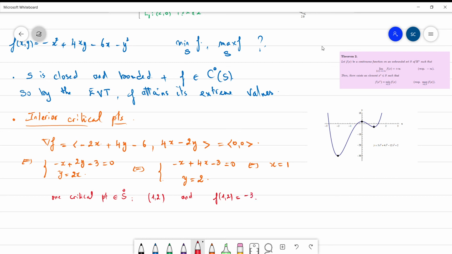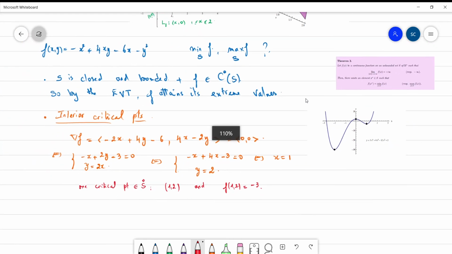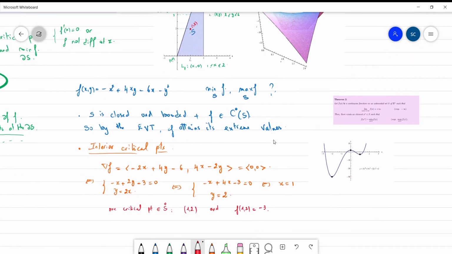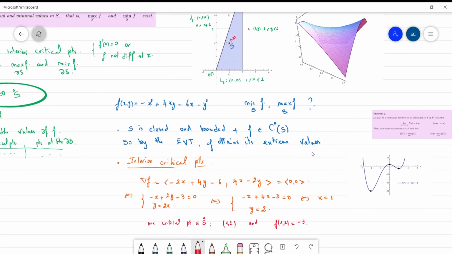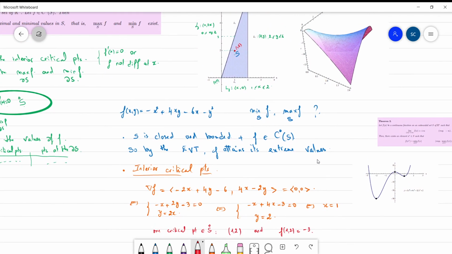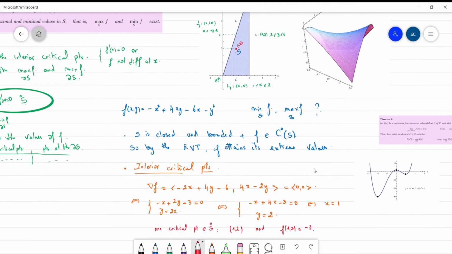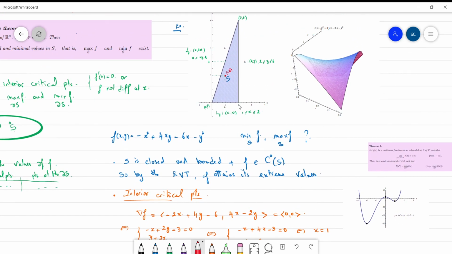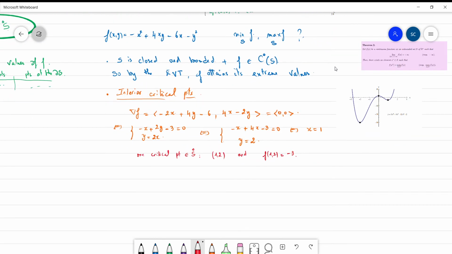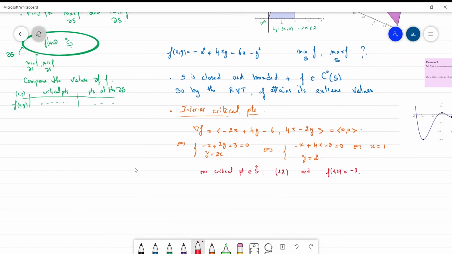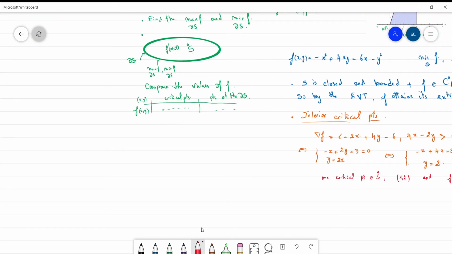Now let's continue. We found the only critical point. The second step is to look at what is happening at the boundary. We want to look at the maximum values taken by f at the boundary of S. So let's start on L1, then L2, then L3, and then conclude. This is how we proceed when we have a closed bounded domain.